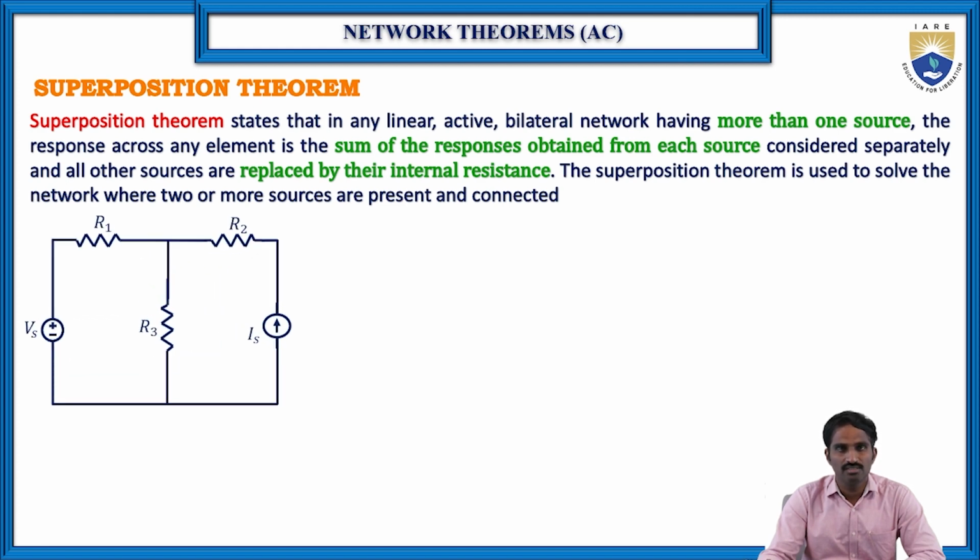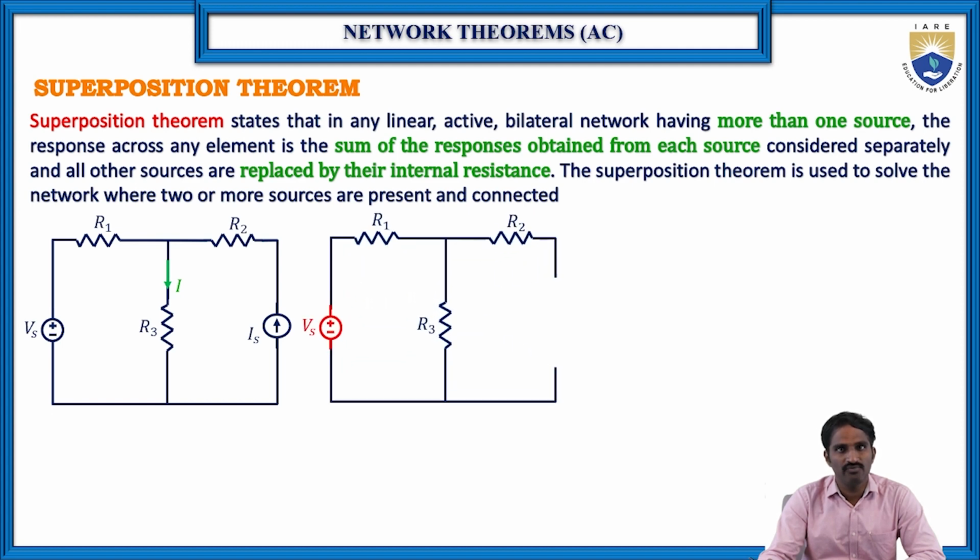Suppose let us consider an electrical circuit. Here, if you want to find the current flowing through the resistor R3, you can see this particular network has two sources. One is the voltage source, namely Vs, and another one is the current source, Is. First we should find the current flowing through R3 by considering each source independently and neglecting the other source. If it is a current source, it must be replaced with an open circuit, and if it is a voltage source, it must be replaced with a short circuit.